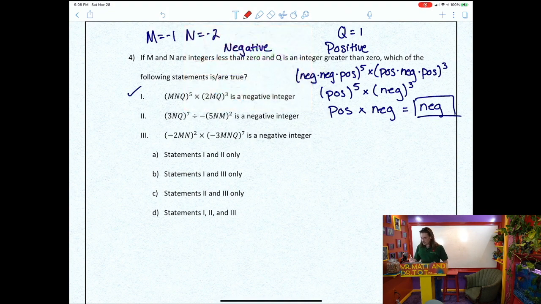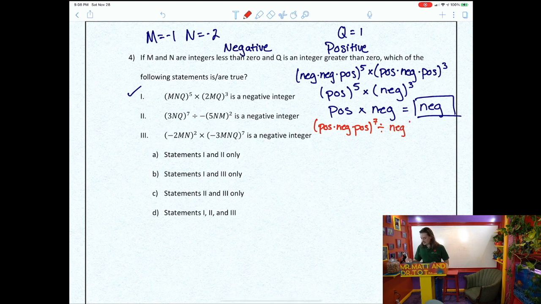Statement 2, we have 3, which is positive, times n, which is negative, times q, which is positive, quantity raised to the 7th power, divided by, and you can almost think about that negative sign as a negative 1. So I'm going to literally put a negative outside of the parentheses.